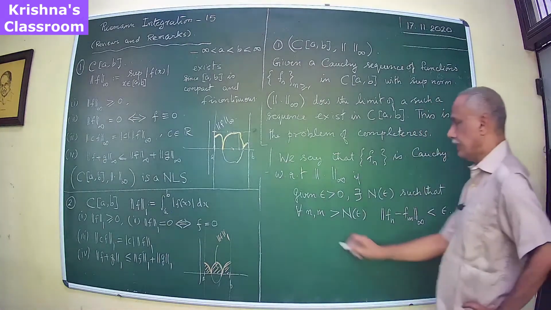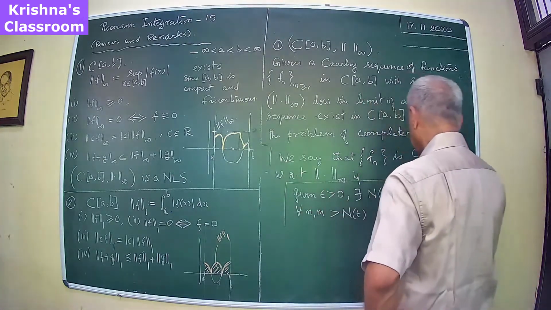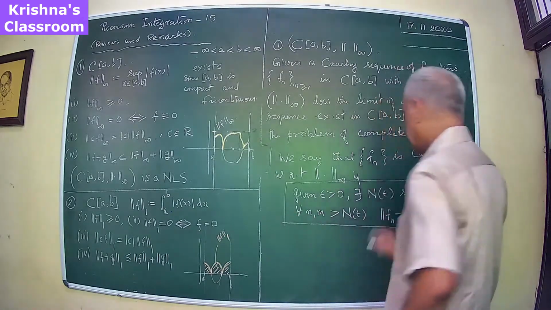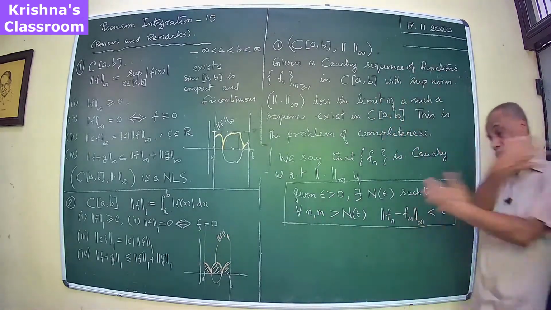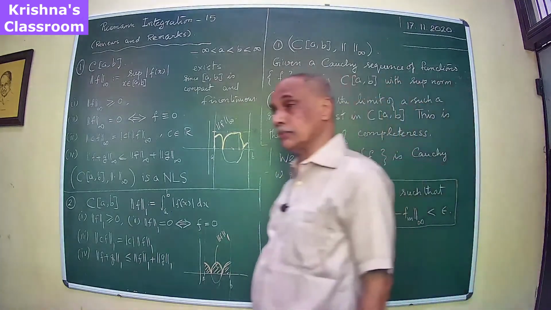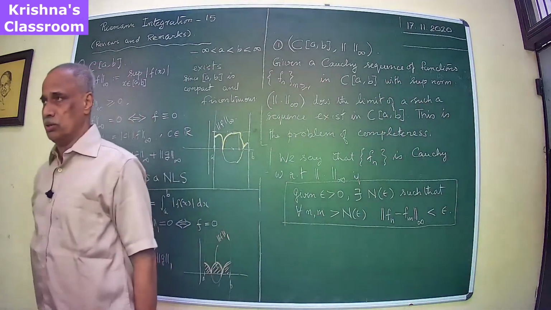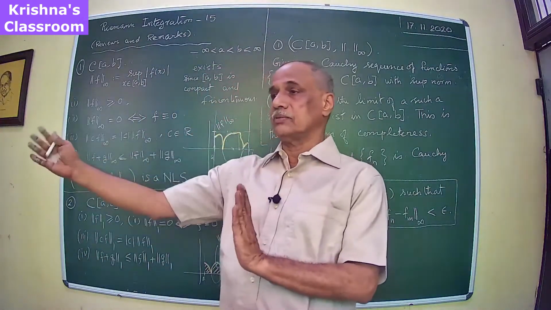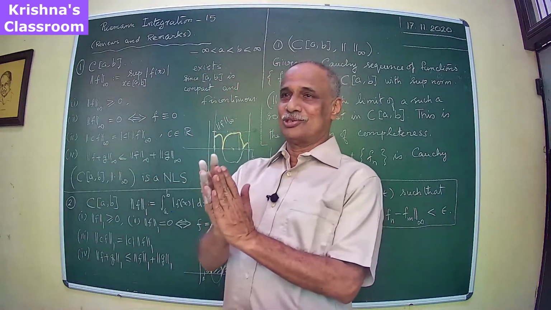This is the Cauchy criterion. What it says is that the distance between Fn and Fm gets closer and closer as n and m become larger. From some stage onwards, all these functions in the sequence will come closer and closer.